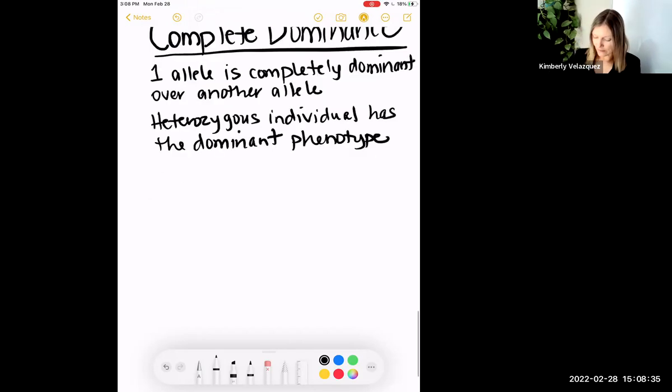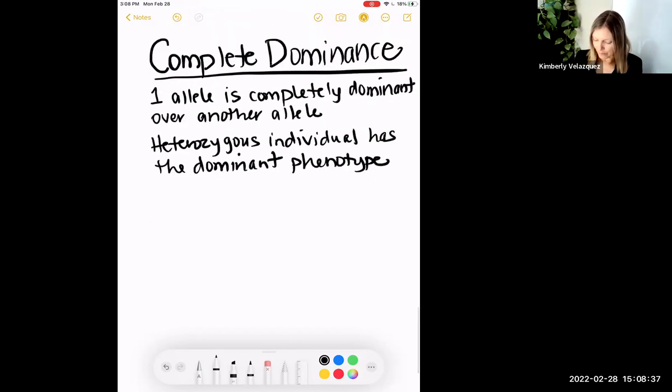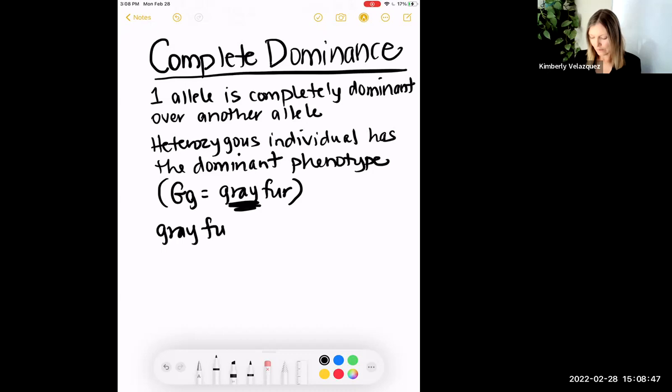In this example, big G, little g gives you gray fur, which means gray is completely dominant over white. To be more exact, gray fur is completely dominant over white fur.